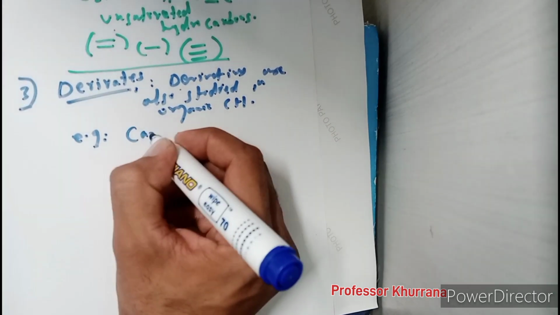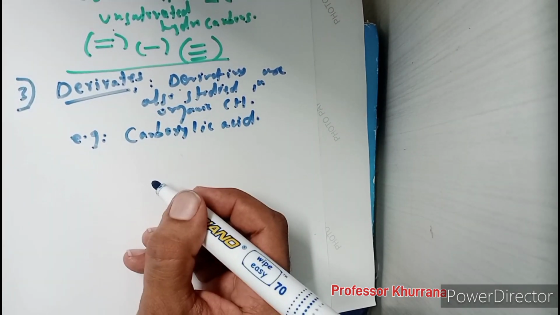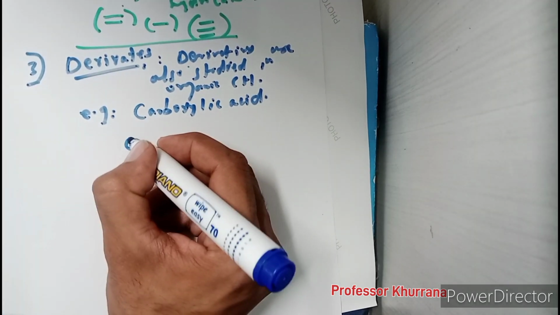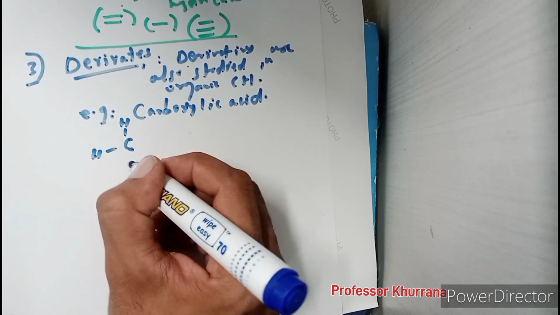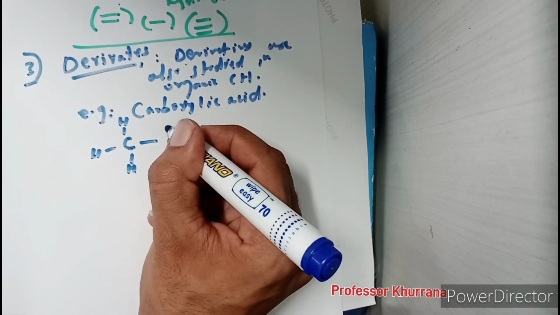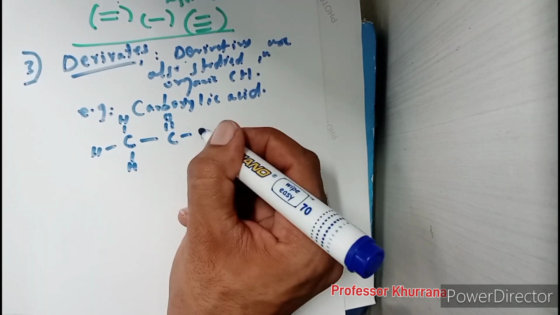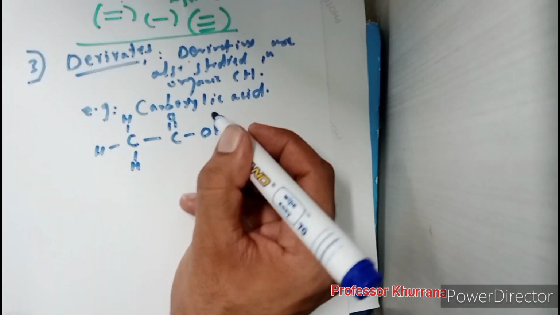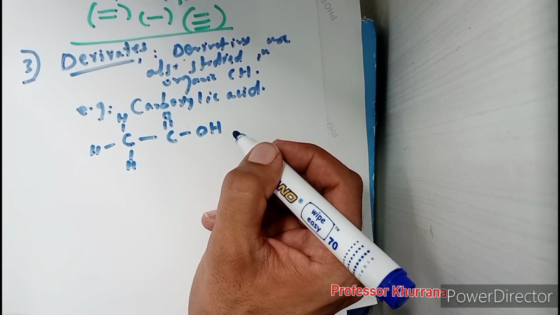We will take carboxylic acid. The structure of carboxylic acid is: here is carbon attached to 3 hydrogens, and carbon is attached to another carbon that is attached to oxygen with a double bond and to OH. Now this is the structure of carboxylic acid, an organic compound.